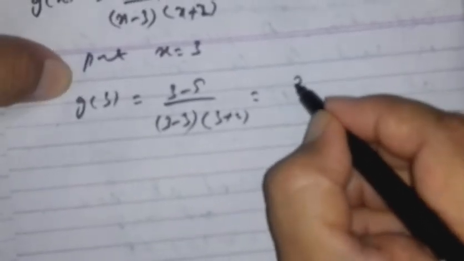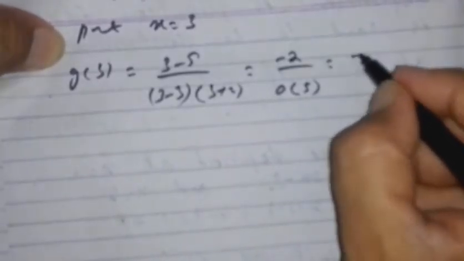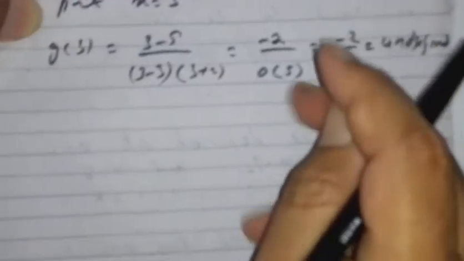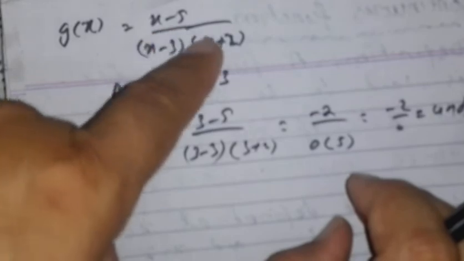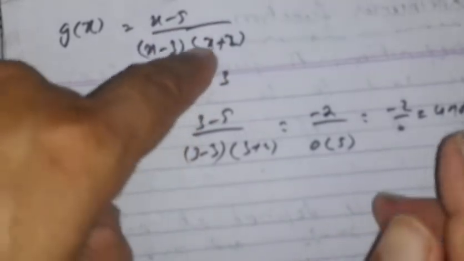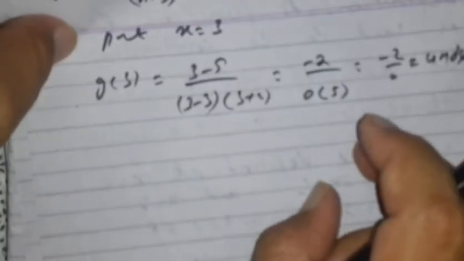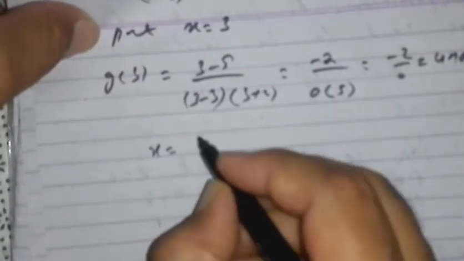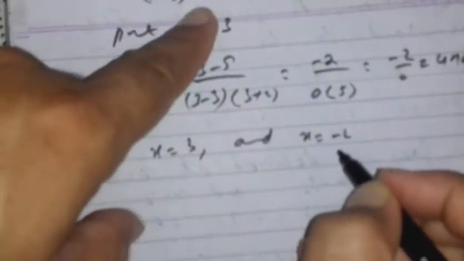We get minus 2 over 0 into 5, minus 2 over 0, which is undefined. So the function is discontinuous at x equals 3. Similarly, when we put x equals minus 2, again the function is discontinuous, it is not defined. So the function is discontinuous at x equals 3 and x equals minus 2, and is continuous for all other values of x.